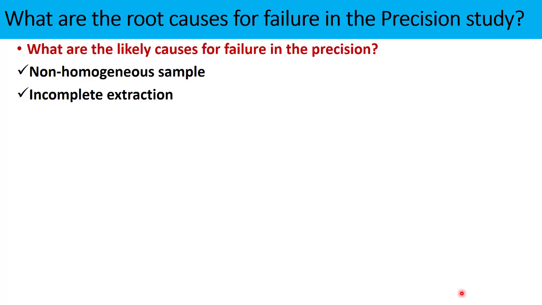So if your diluent is not able to extract the analyte from the sample matrix, then in some preparations you can have 90% extraction resulting in a 90% assay. In some preparations you have 100% extraction and then you get the 100% result.